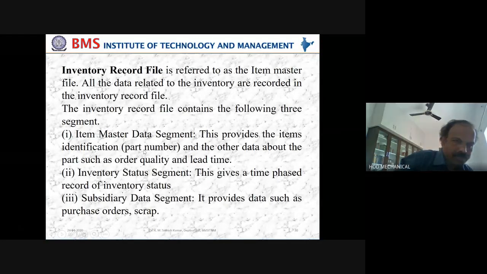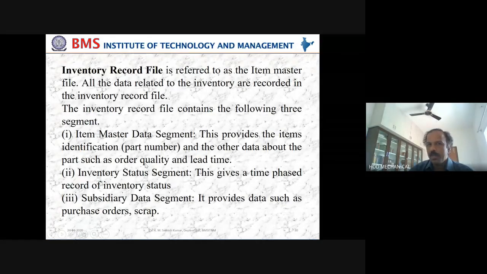That means it has the information about the part number, how many products you have ordered, and the time taken to receive that product. So if I see the item master data segment, I will know how many parts you are procuring, and for each part, what the lead time and the quantity are.